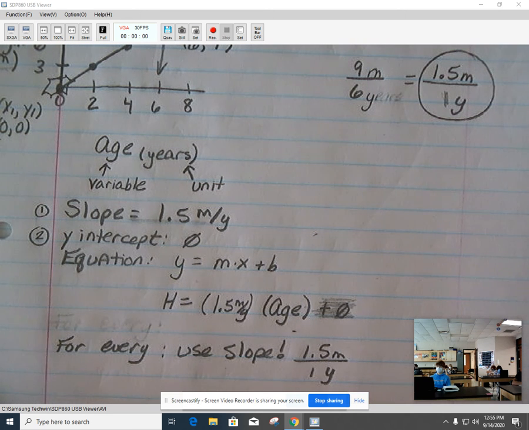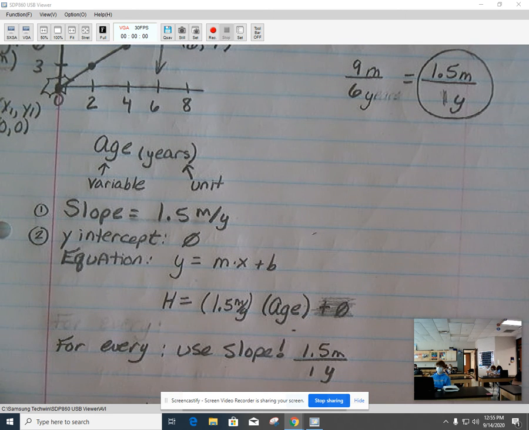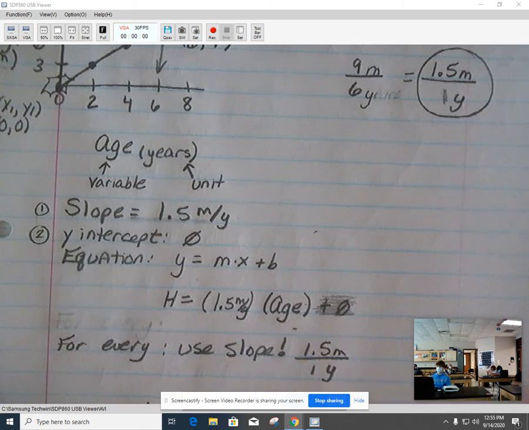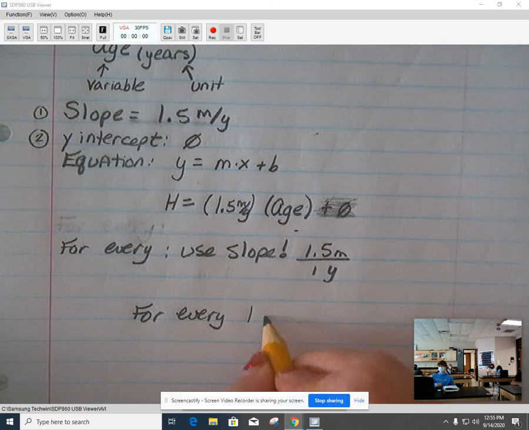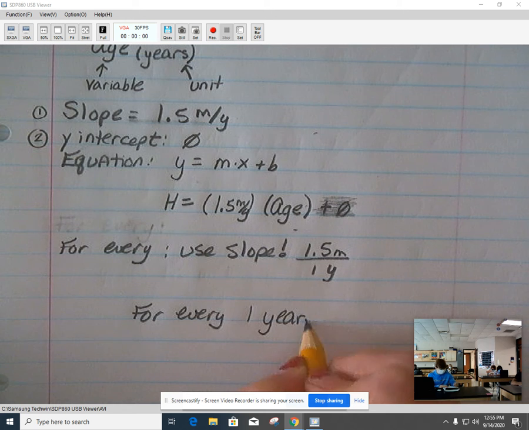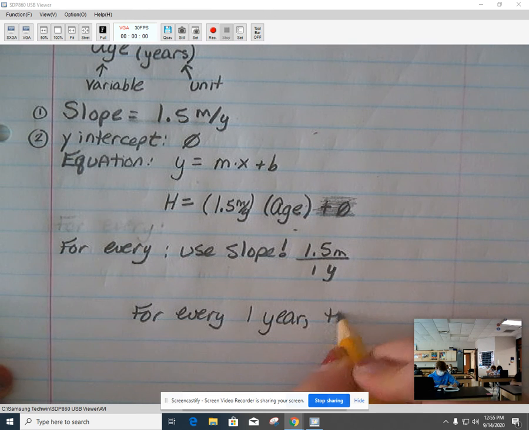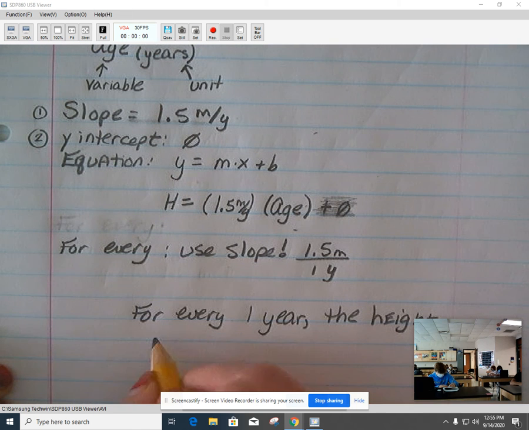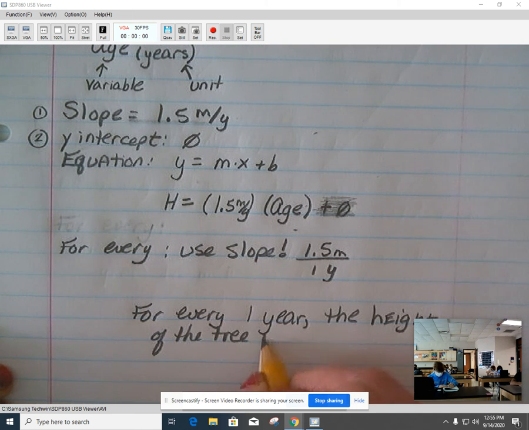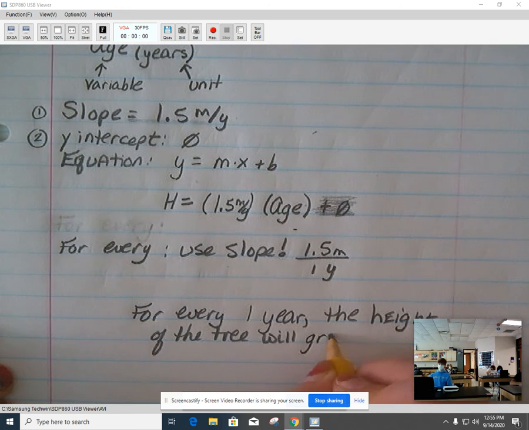So for every 1 year, the height of the tree will do what? Grow 1.5 meters. Good.